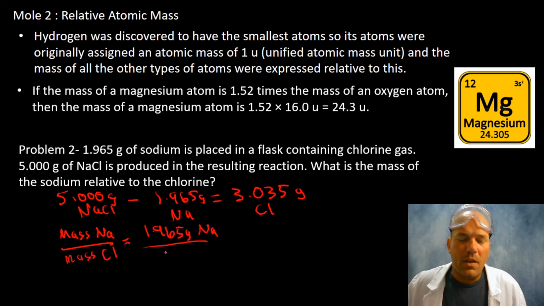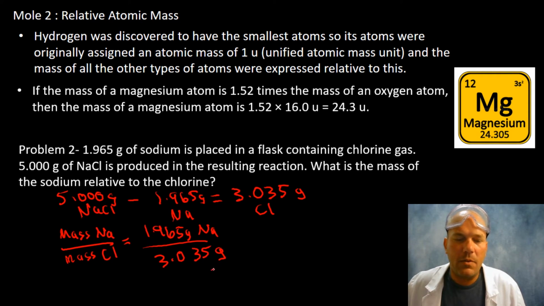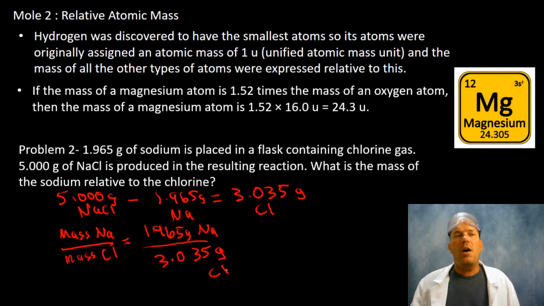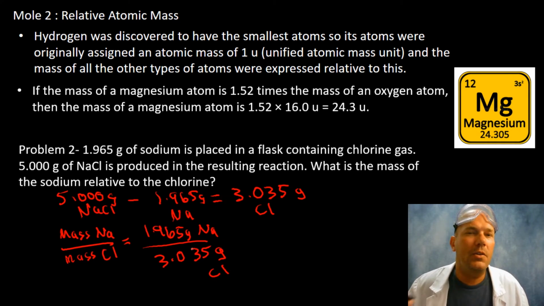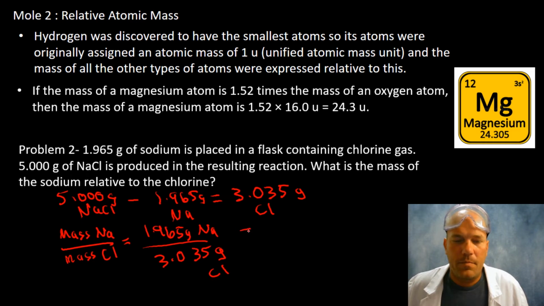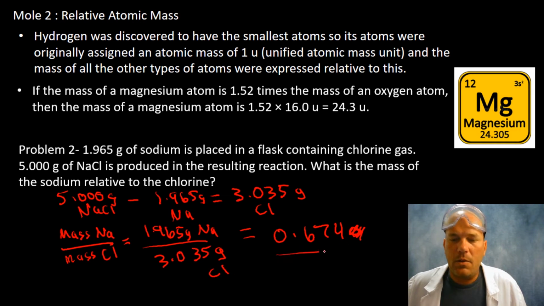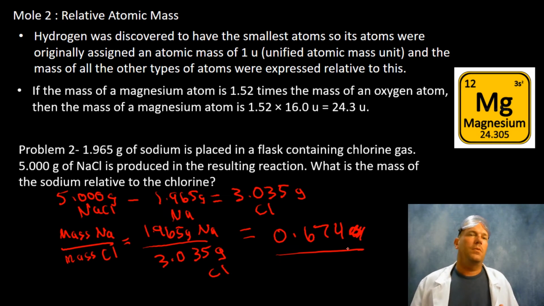Notice how I'm labeling and making sure I have grams of chlorine, because when we get into more complex computations, you're going to see it's easy to lose track of what. So including units and identifiers throughout is good practice. And that's going to give us 0.674. That's our relative ratio, okay?